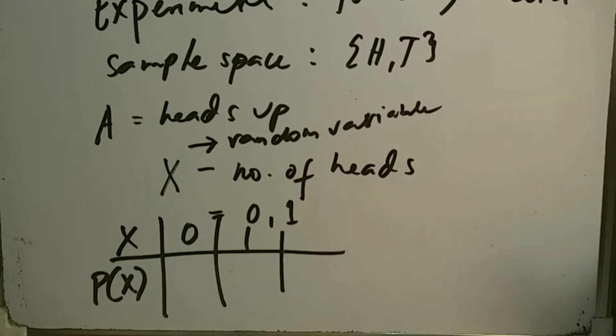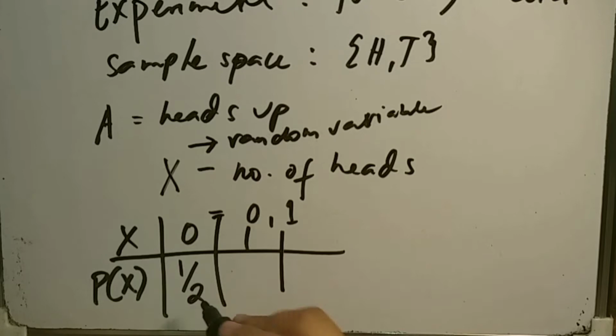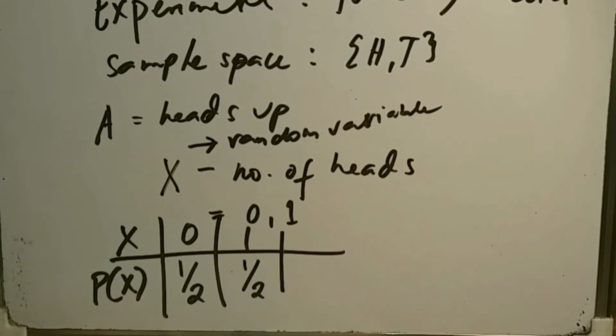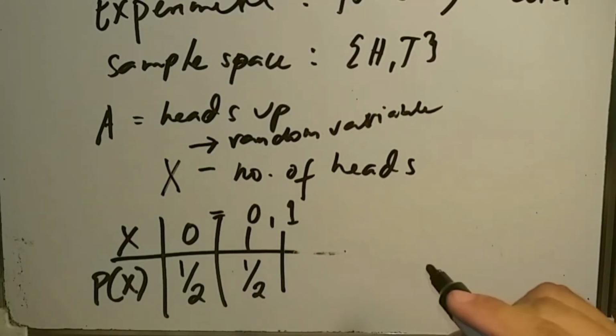So the probability of getting tails in our example would be 1/2, and the probability of getting one head in tossing of a coin is also 1/2.